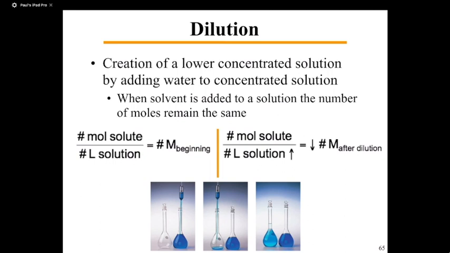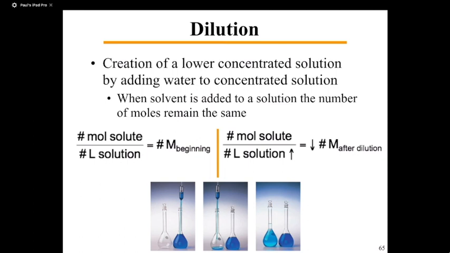The amount of dye doesn't change, okay? But when you add water into it, the volume does change. And so what you do is you make the amount of moles stay constant, you change the volume, and when you do that, moles divided by volume, the dilution or the concentration goes down. Okay? And so that's what we're going to do.